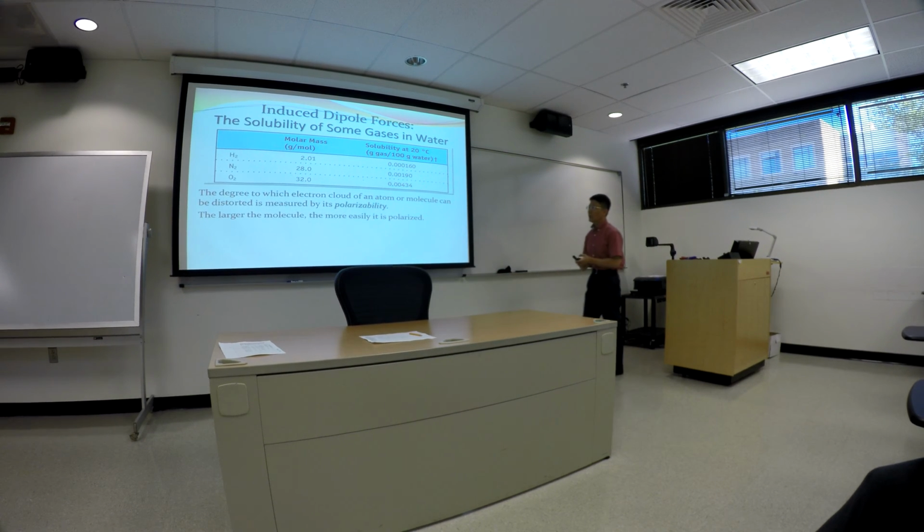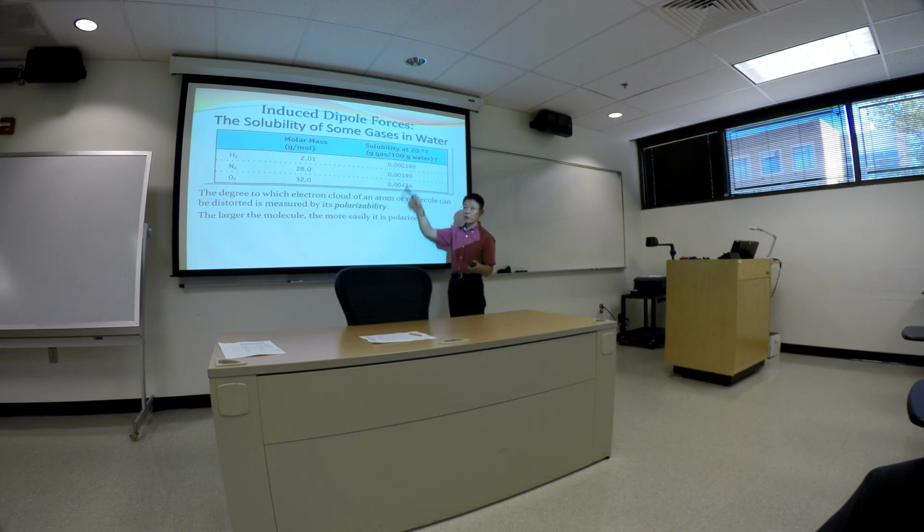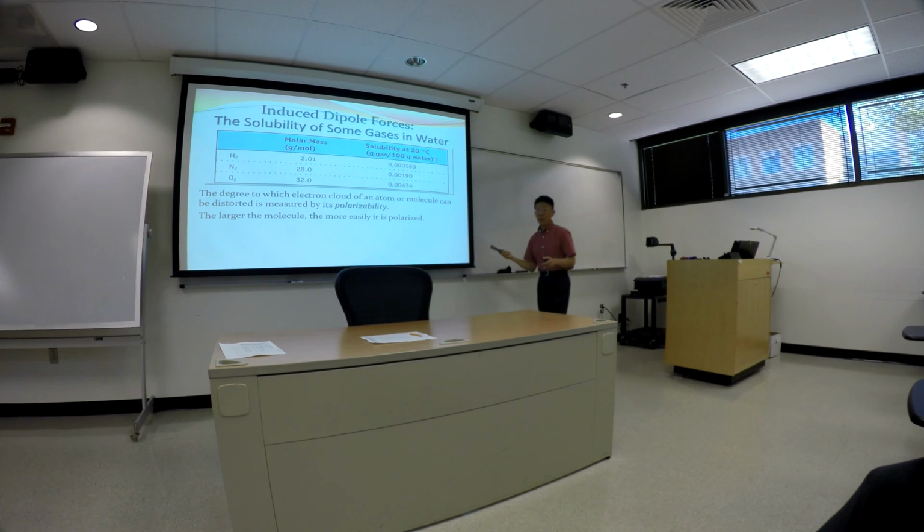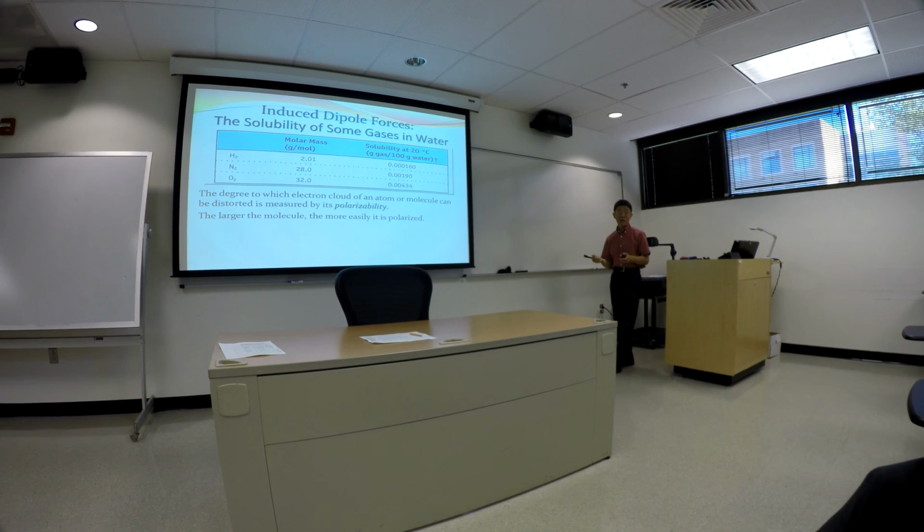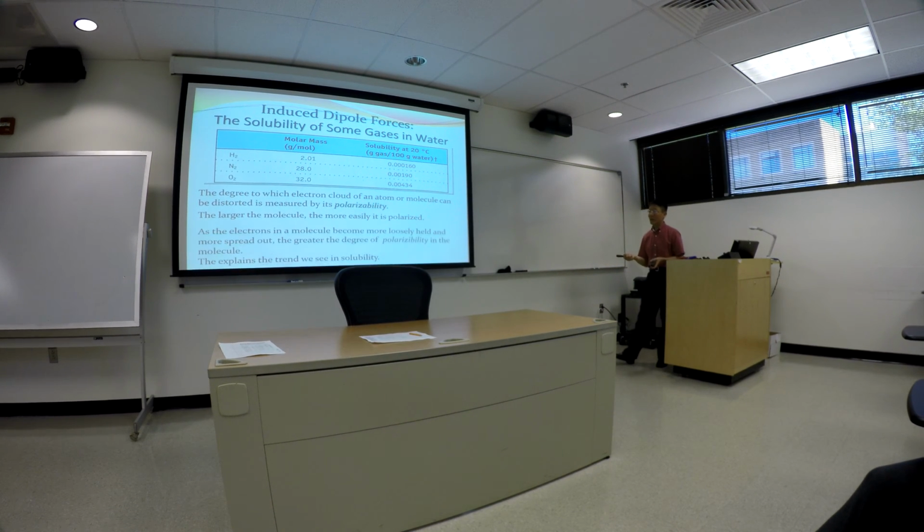We say that the degree to which the electron cloud of an atom or molecule can be distorted is measured by polarizability. The larger the molecule, the more easily it is polarized. So this indicates that as the electrons in the molecule become more loosely held surrounding the positively charged center, the greater the degree of polarizability exhibited in the molecule.